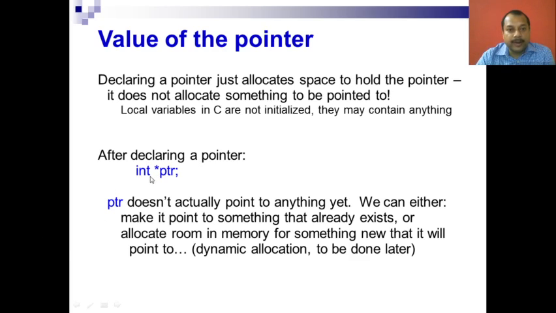After declaring a pointer int star ptr, ptr does not actually point to anything yet. We can either make it point to something that already exists, or allocate room in memory for something new that it will point to. Dynamic allocation will be done sometime later.